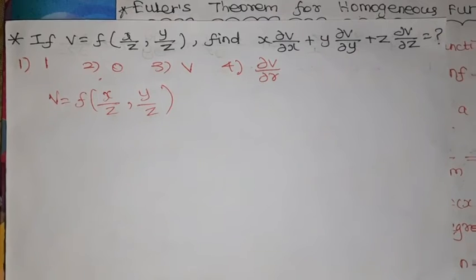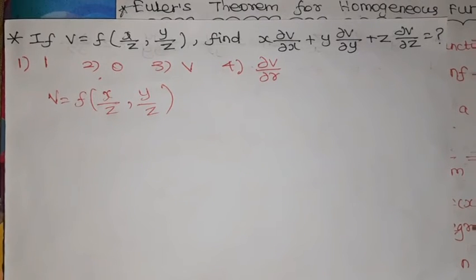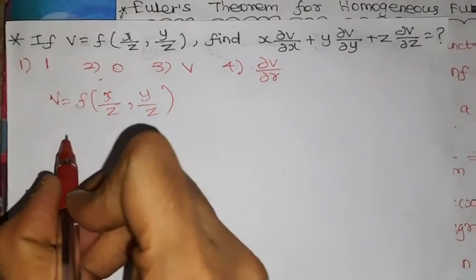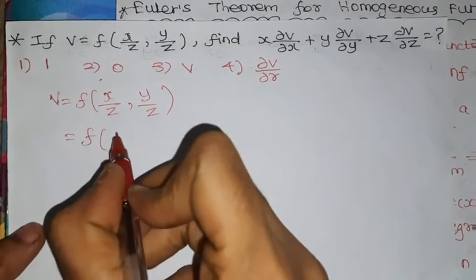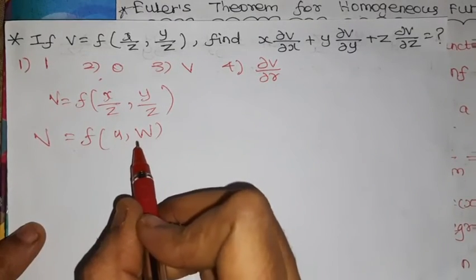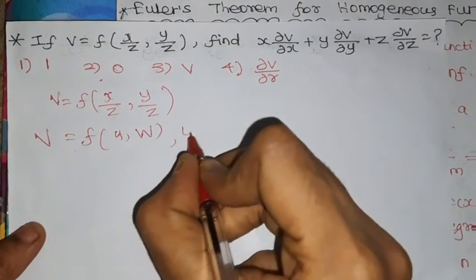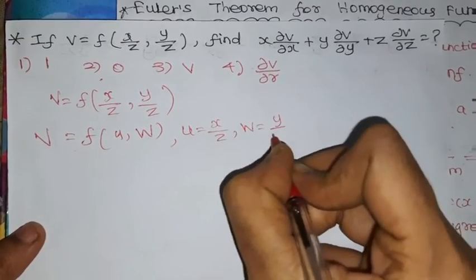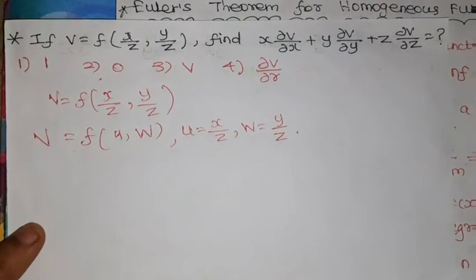For that we need to check the homogeneity of the function. Say it is f of u comma w, so v is a function of u and w, where u equal to x by z and w equal to y by z, right?